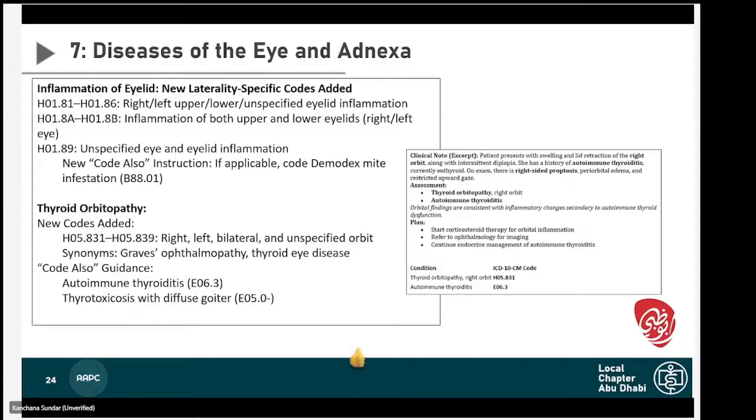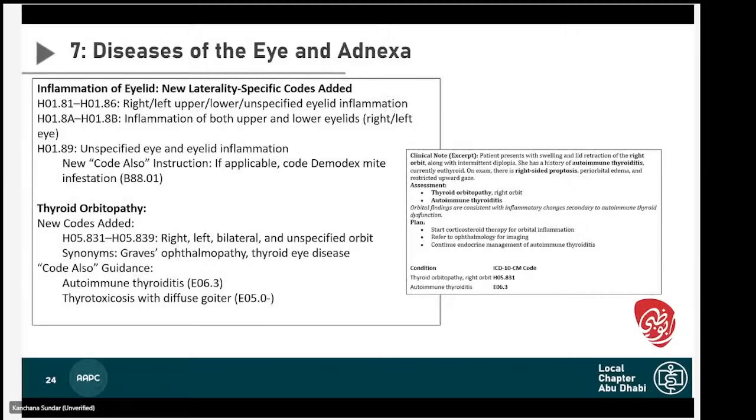And diseases of the eye and adnexa. So inflammation of the eyes. And one thing before even starting to talk about this chapter, I wanted to emphasize, if you remember the codes, we had highlighted that eye and adnexa have 17 changes. I'm just emphasizing the point again. It's all about laterality.